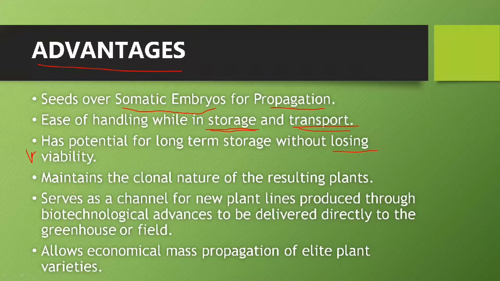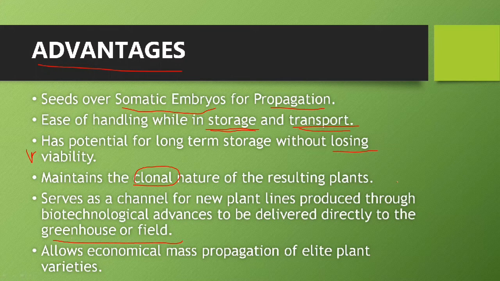Then maintenance. It maintains clones, so we can get clones of the same plant, right? It serves as a channel for new plant lines produced through biotechnological advancements to be delivered directly to the greenhouse or the field.